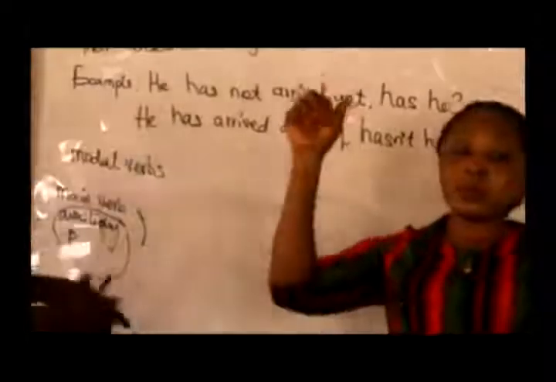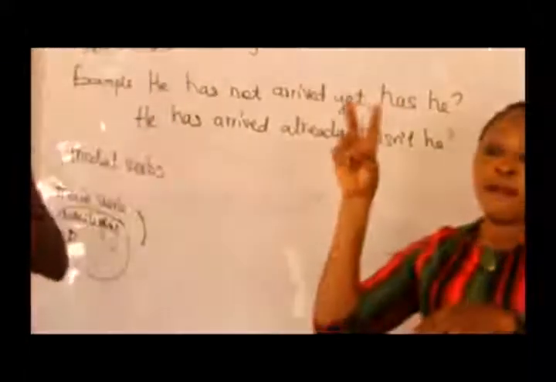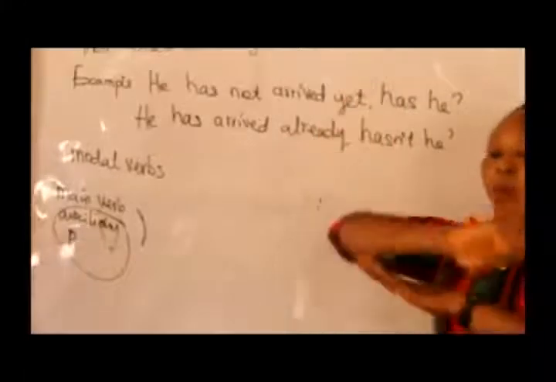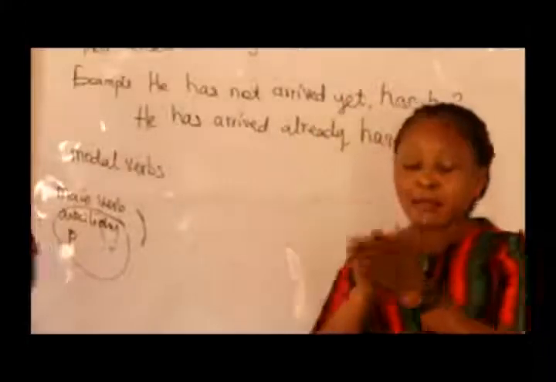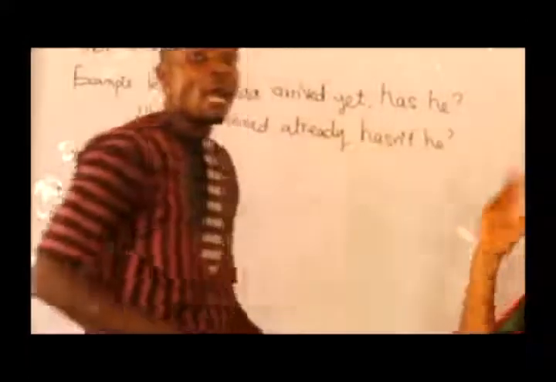Most statements that contain the primary and the modal auxiliary verbs, we repeat them in the tags according to their tenses. We maintain their tenses as given in the main statement.